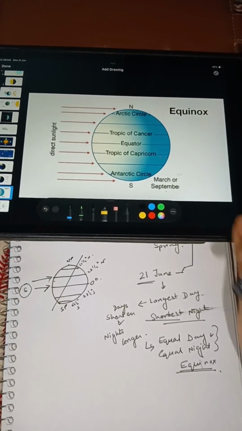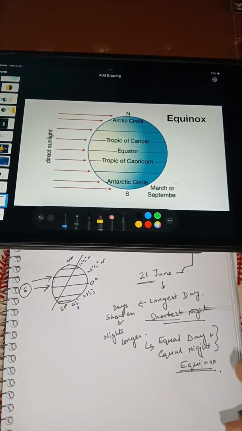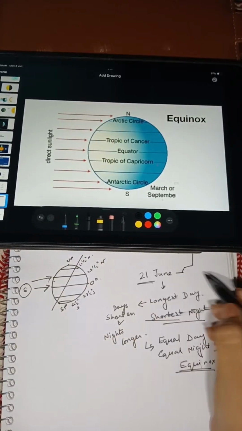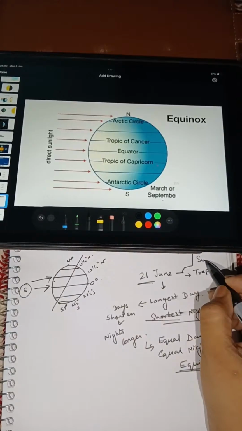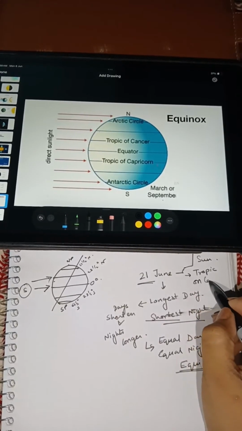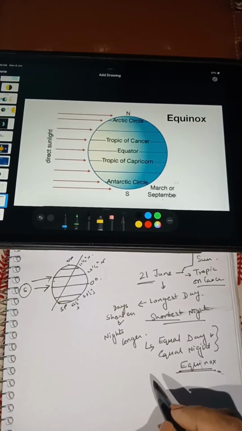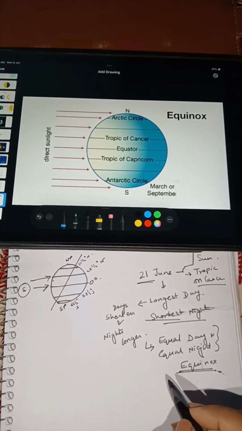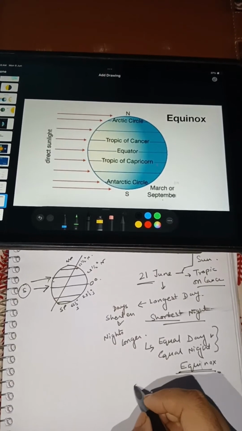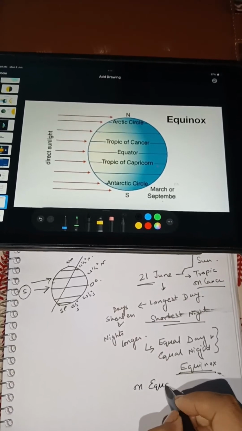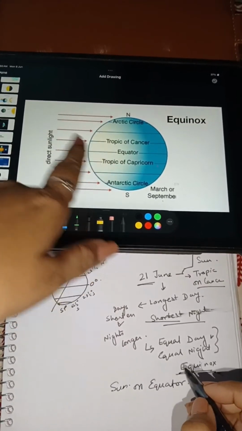So this is the diagram where you can see that in summer solstice the direct sun ray was on the Tropic of Cancer. But on equinox the direct sun ray is on the equator.